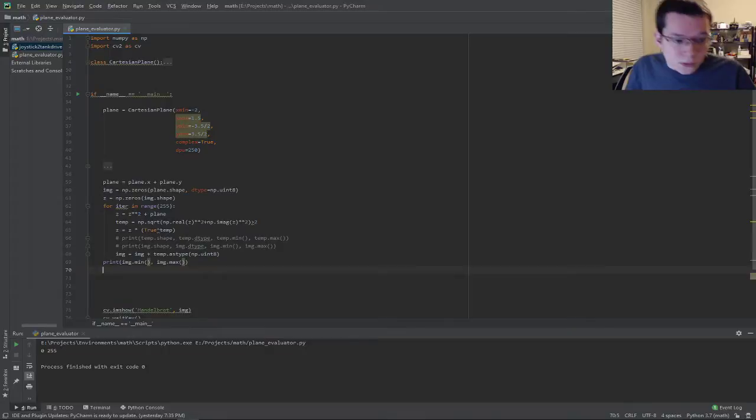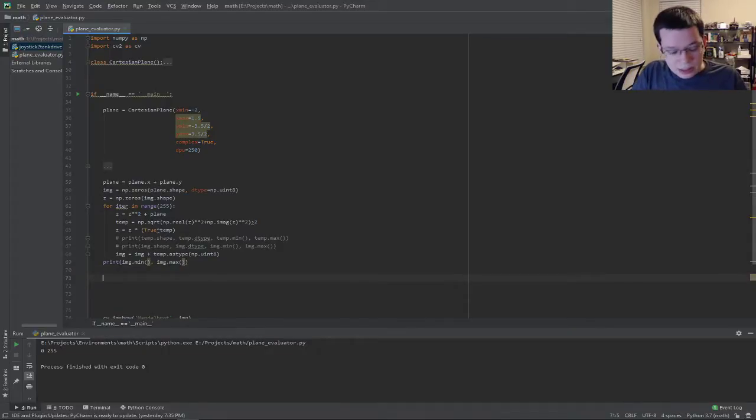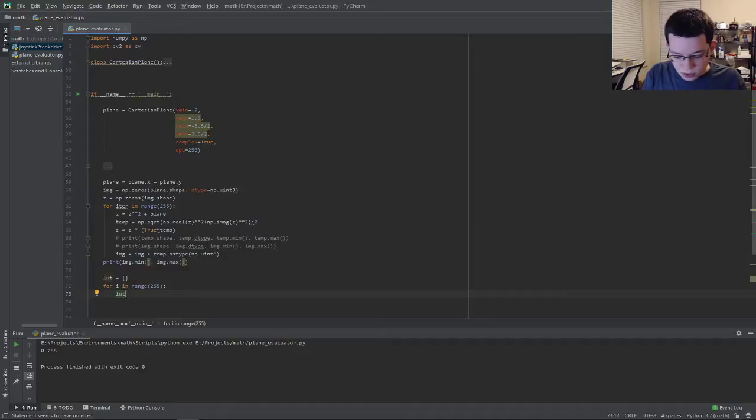So what I'm going to do is say for i in range 255, so I'm going to go through all the possible color combinations, and I'm going to create a dictionary. Lookup table equals an empty dictionary. For i in range 255, lookup table i equals, and we're going to create a value based off that.